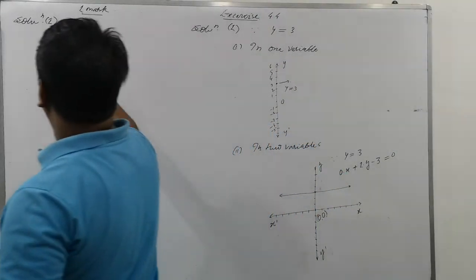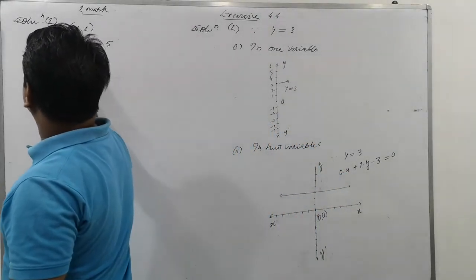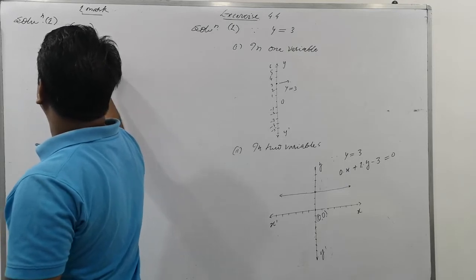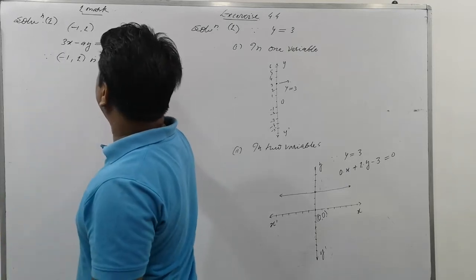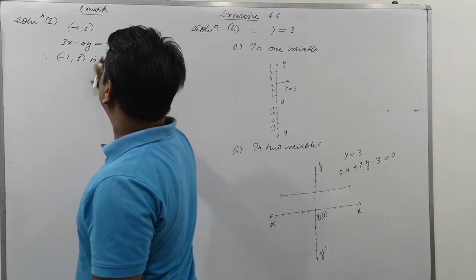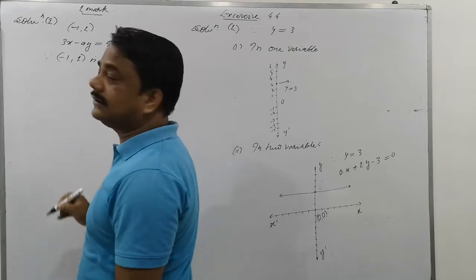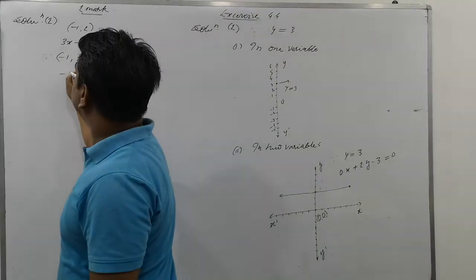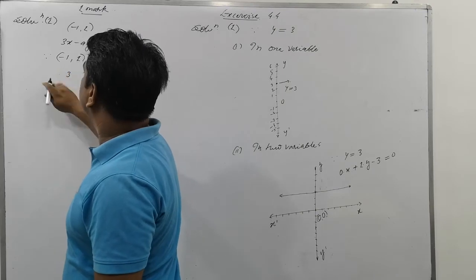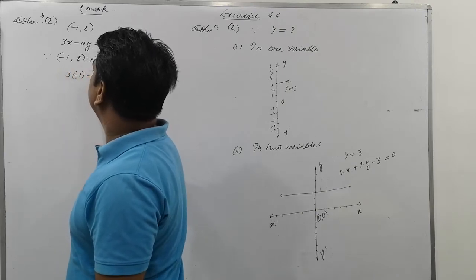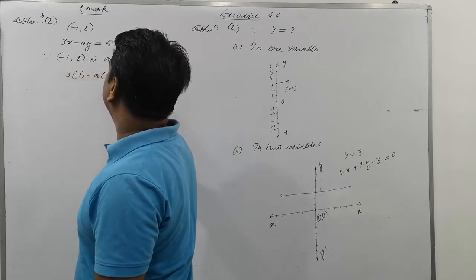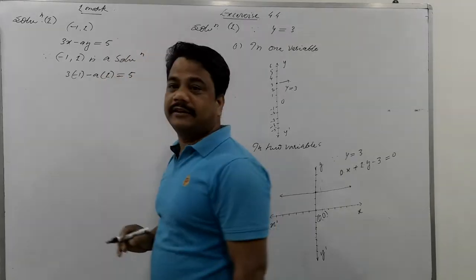Clear? So you will write down here: since (minus 1, plus 1) is a solution, that is, 3 times minus 1 minus a times 1 is equal to 5. Now can you solve this expression?